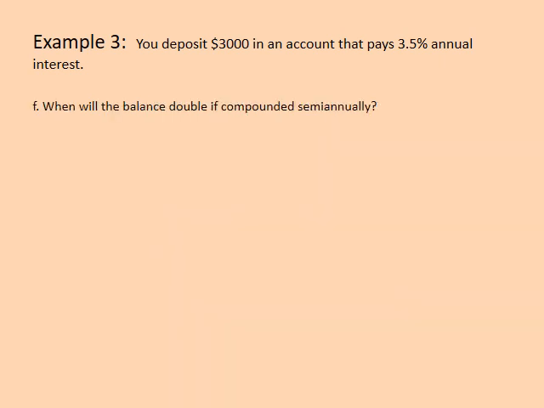Our final example uses the same equation, but it asks, when will the balance double if compounded semi-annually? Since we deposited $3,000, doubled would mean we made $6,000. So we would have 6,000 equals 3,000 times (1 plus 0.035 divided by 2), all raised to the 2t power.